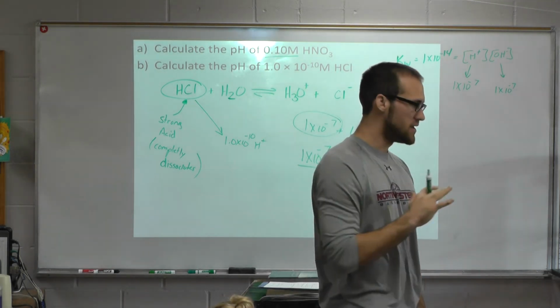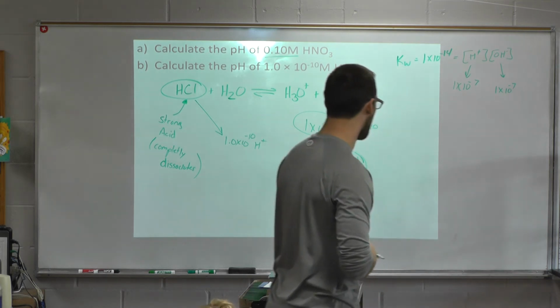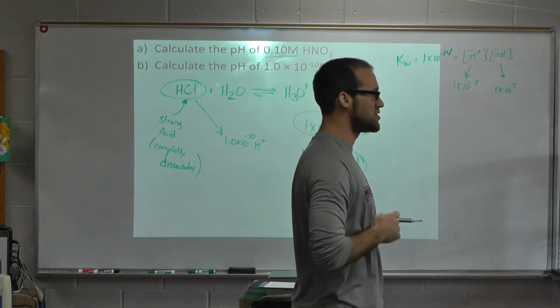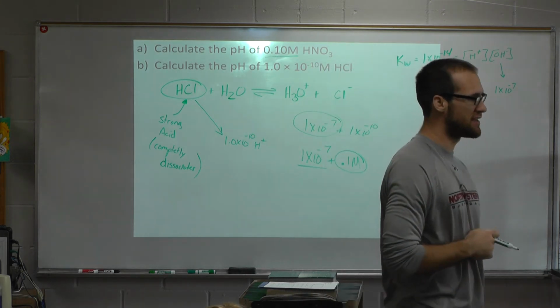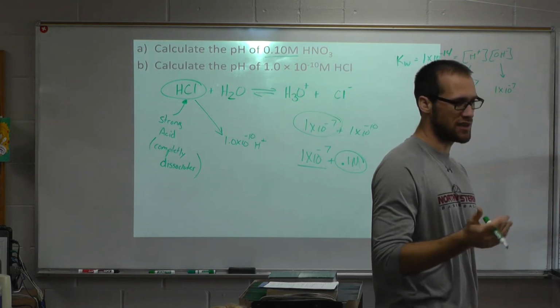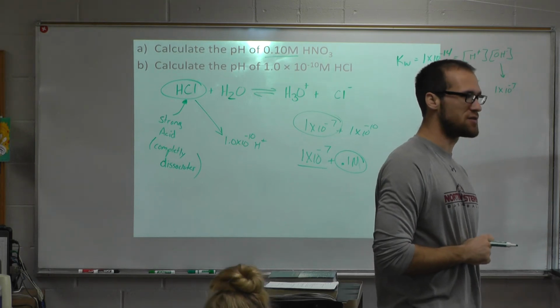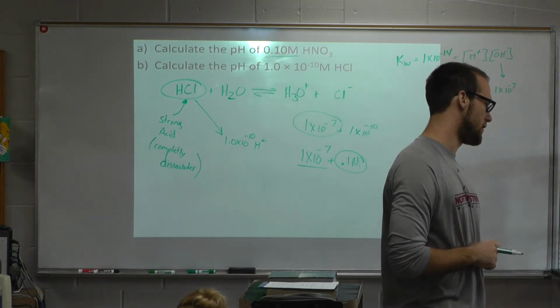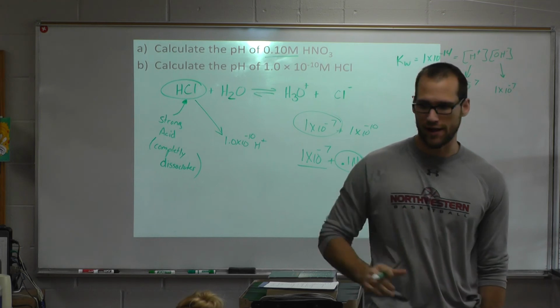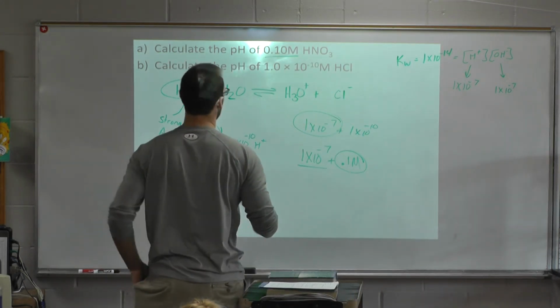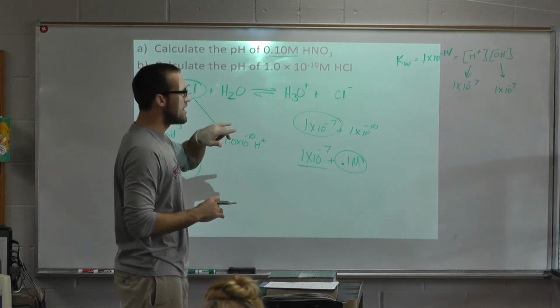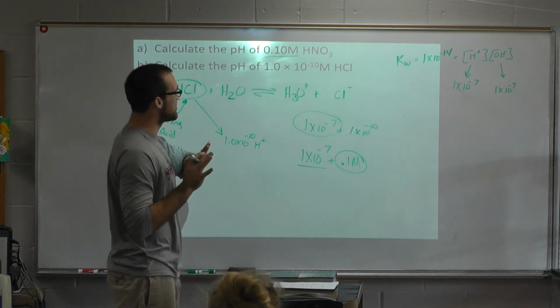Okay, so however you want to do that, make just a little note that you always check how dilute the acid is, because if it's more dilute than the amount of H plus that's going to be furnished just from water reacting with itself, it's easy to think otherwise. But think about this, it should hopefully make logical sense.